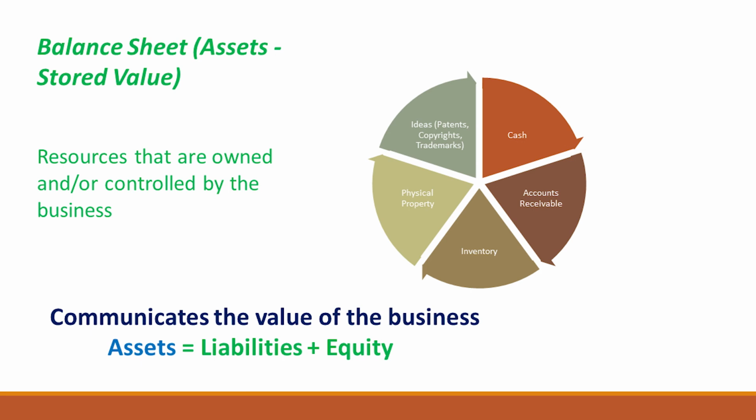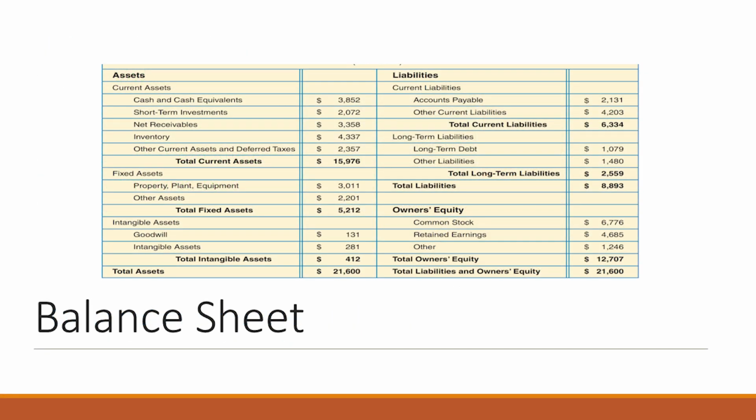So the balance sheet is really showing us the makeup of our assets. It also will show us our liabilities and equity as well. As we mentioned earlier, the assets represent the resources that the business either owns or controls. Here's what a balance sheet looks like in a traditional sense. Always to the left, you have your assets.